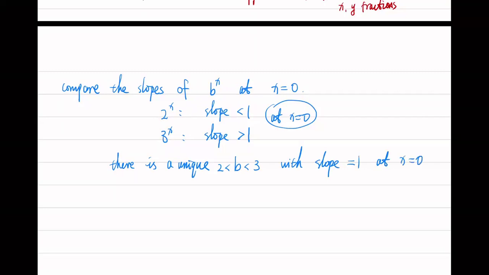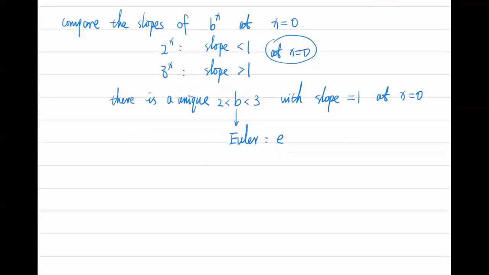So this number, Euler gave it a name, E. So we call it the natural exponential function.